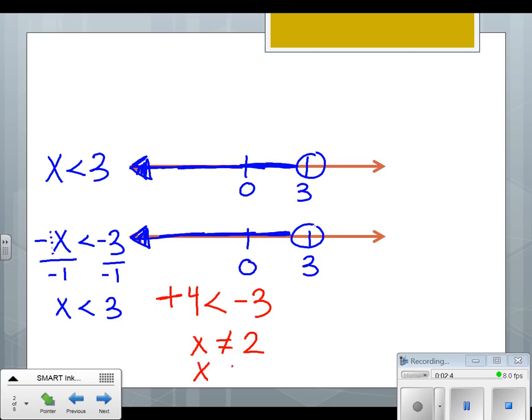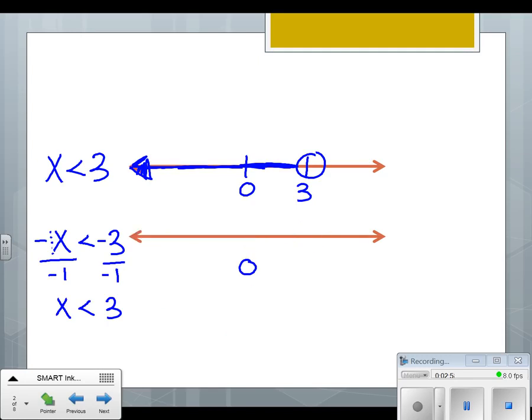No, so x could not be negative 4. So what we're doing here is not working. What's shaded is not accurate. What I want to show you then is I'm going to erase all of this work, even the graph, because the graph is wrong. It didn't make the inequality true.